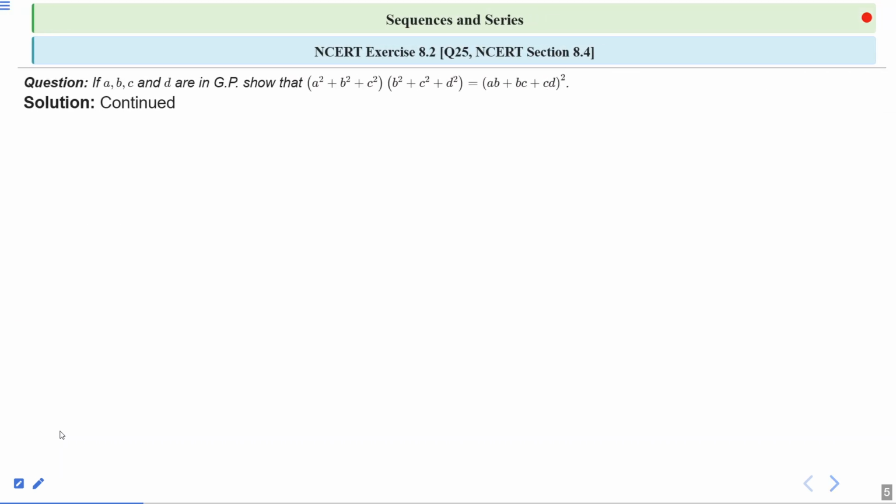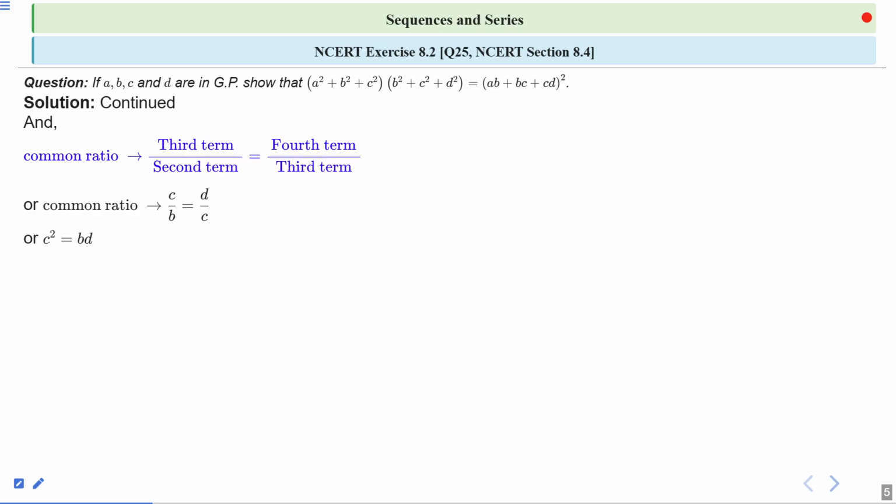Then another common ratio: third term divided by second term is equal to fourth term divided by third term. Clear? So from this condition you will get another equation. Here the common ratio C over B is equal to D over C, where C is the third term, B is the second term, D is the fourth term.